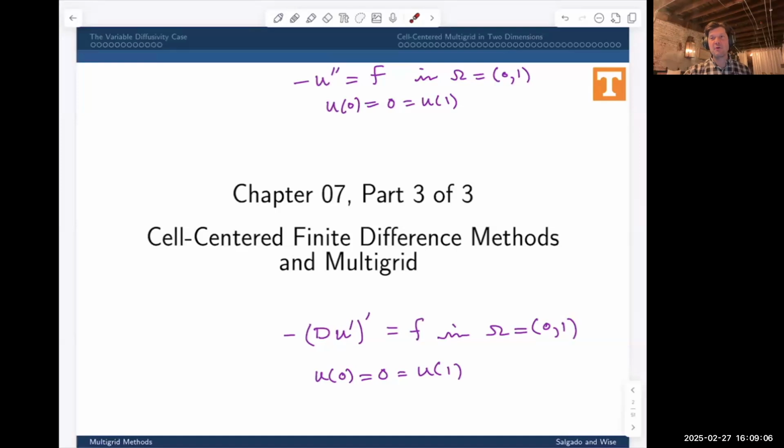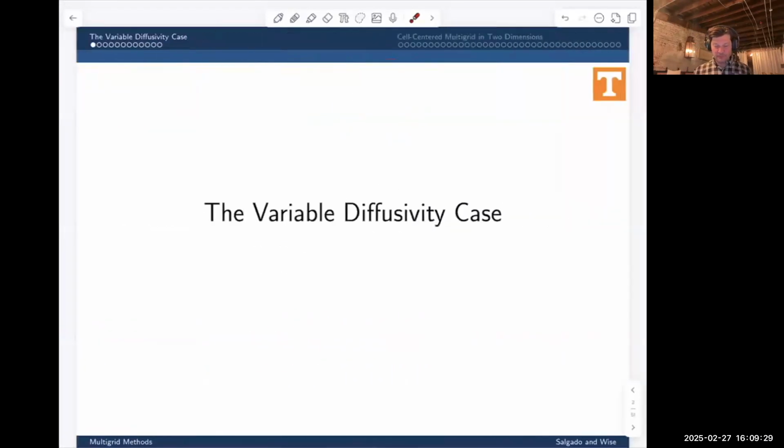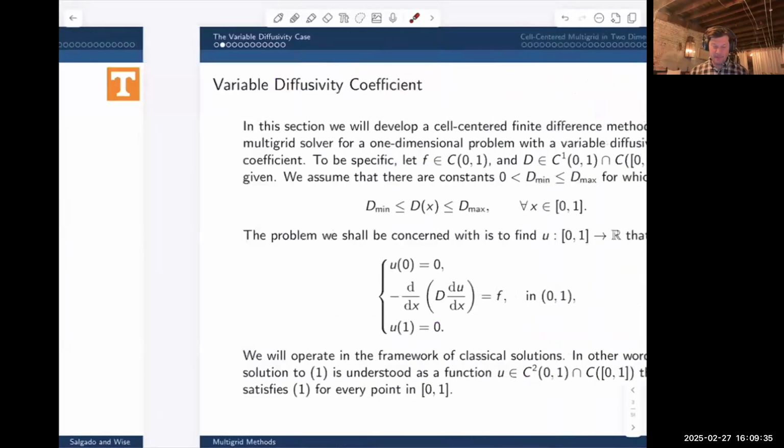Well, we actually know all the things we have to have in place: the smoothing property, an approximation property, and then some sort of Galerkin condition. We need to establish those things in this new context because it might be a little bit different from the base case.